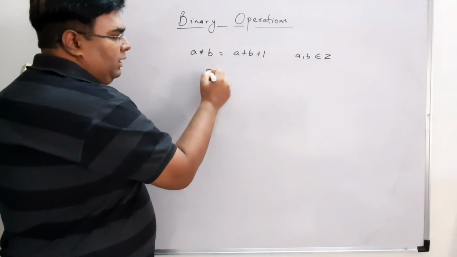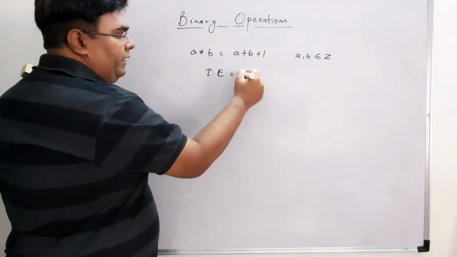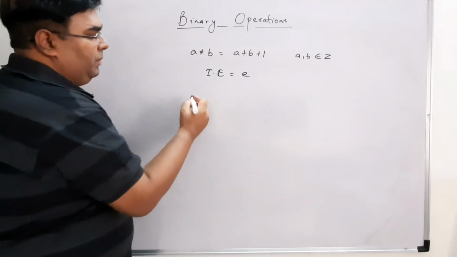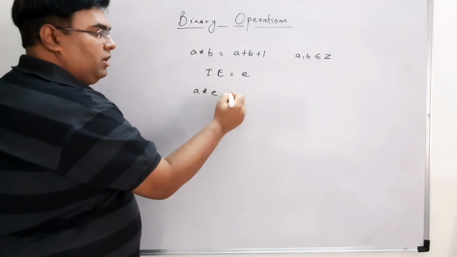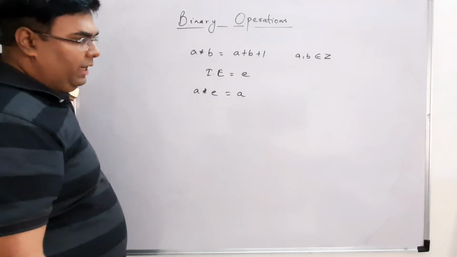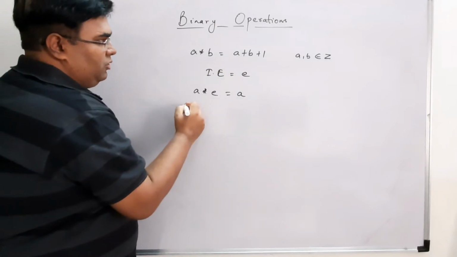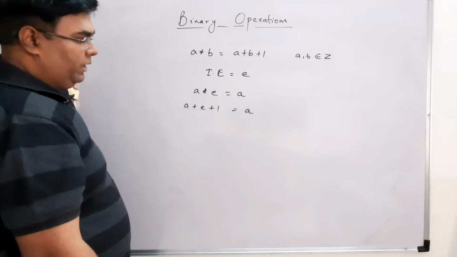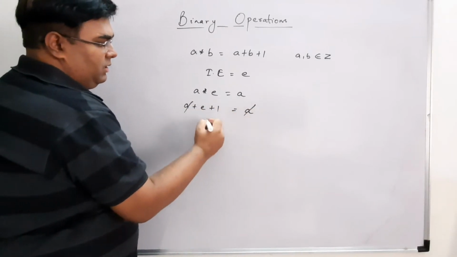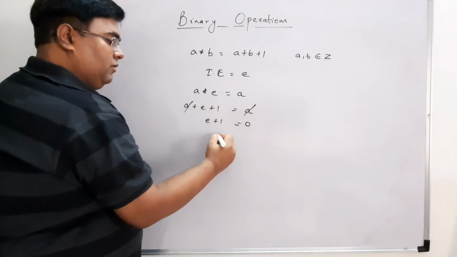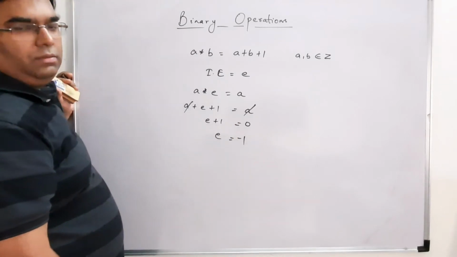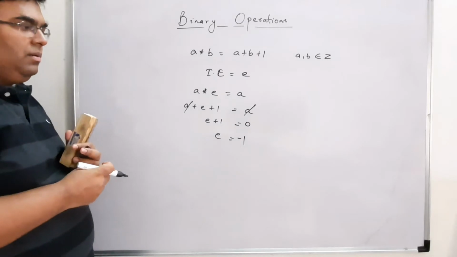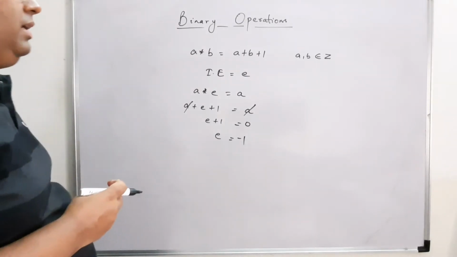Let's say our identity element is E. By definition A star E should be equal to A, and by definition it is A plus E plus 1, equal to A. So here E is minus 1. So we have got our identity element, which is minus 1, right?